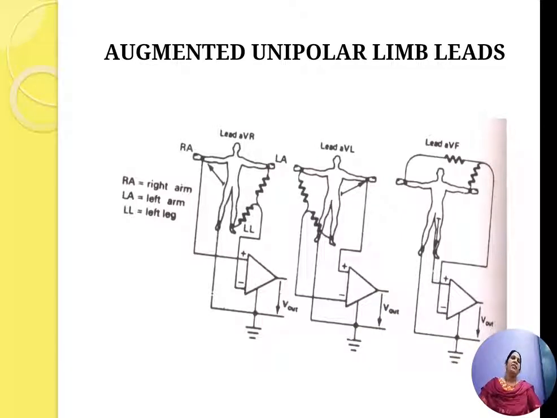That terminal is given as a negative input terminal to an operational amplifier, and you get the output Vout as shown in the figure.